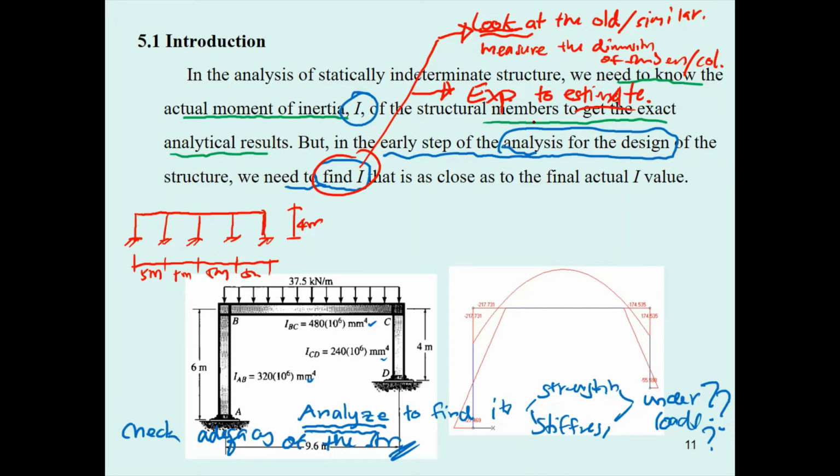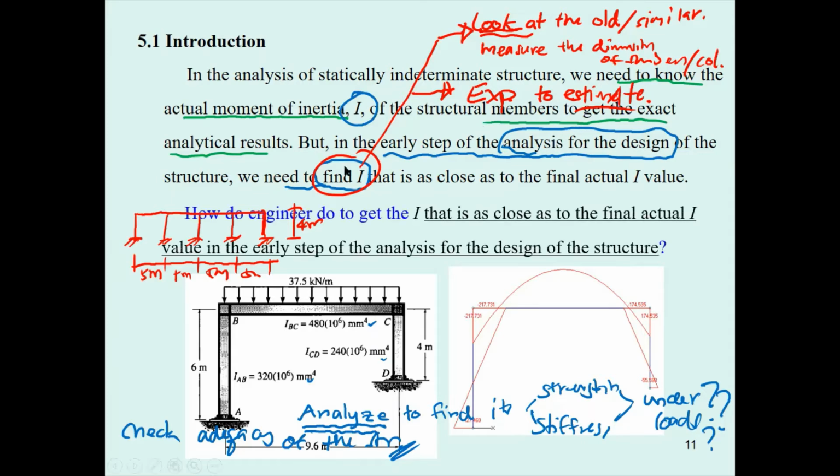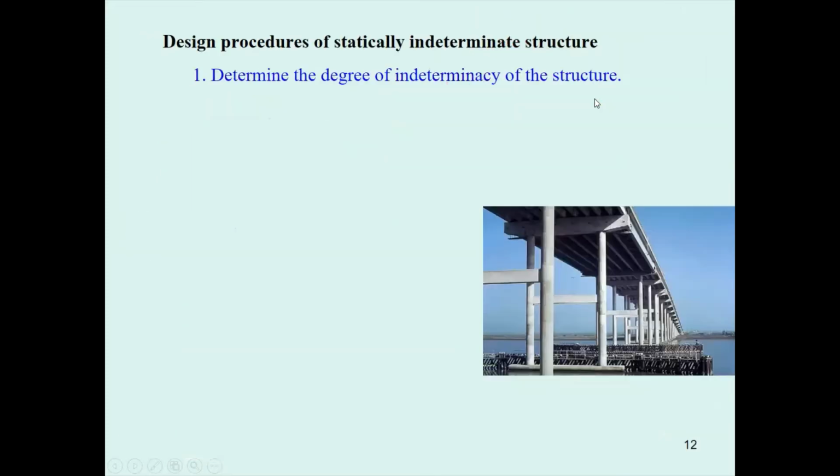You may look at an old building, or you have experience and can estimate the size by yourself. How do engineers get the I that is as close as possible to the final actual I in the early step of structural analysis? I give you 2 examples. To do so, you may do the estimation, or you can go check an old building.